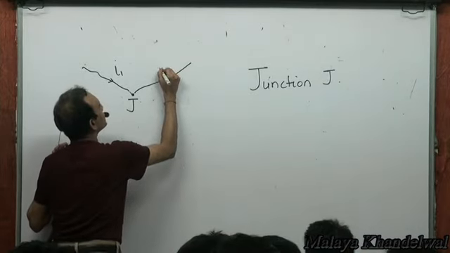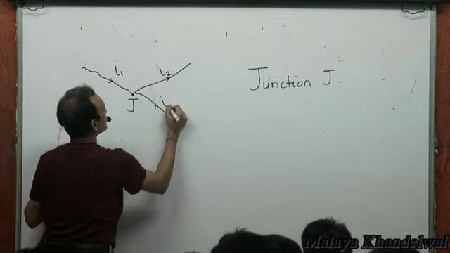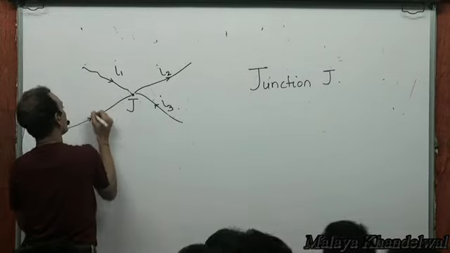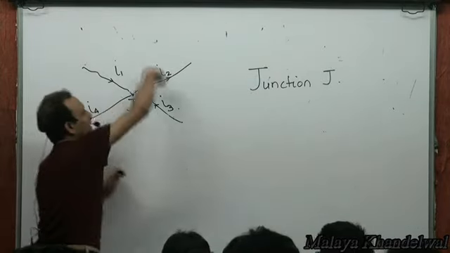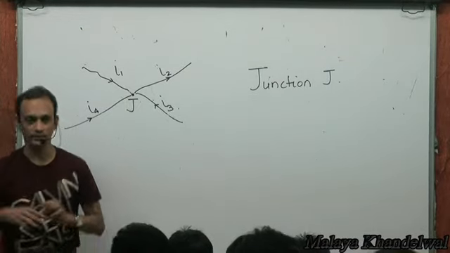There could be current leaving the junction. Some currents are entering the junction J, some currents are leaving the junction J.